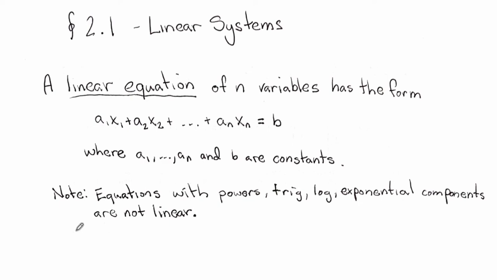So note that all equations that contain powers, like x squared, y cubed, trig functions, sine of x, cosine of y, logarithmic functions, or exponential functions, anything like e to the x, e to the xy, are all nonlinear. Linear equations just have the same form: a scalar times a first order variable, and then we're just adding and subtracting them, no multiplication.